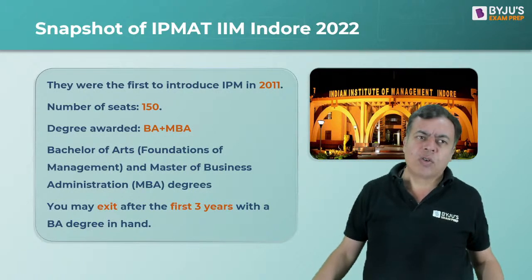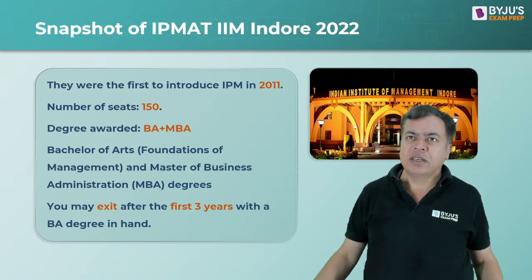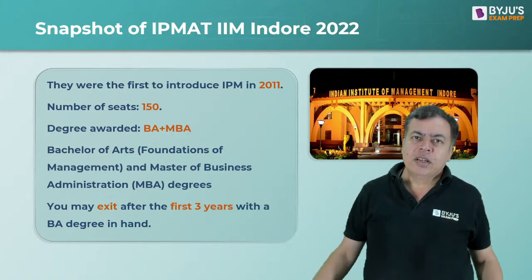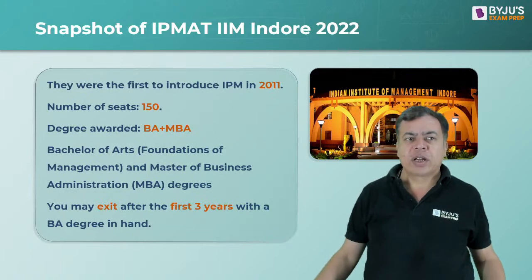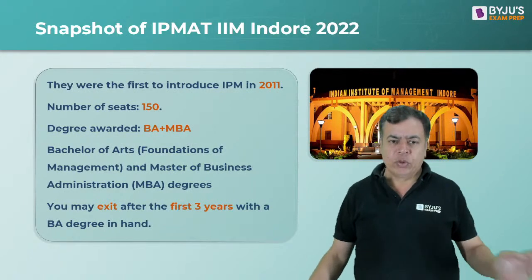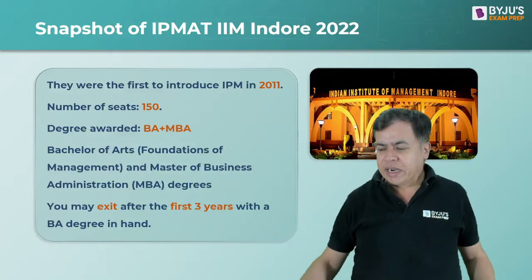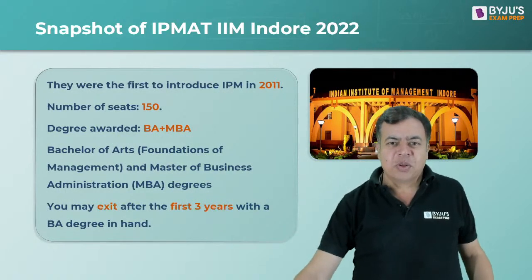Maybe you want to go out of India for further studies, that depends, but you can opt out after 3 years with a bachelor degree and go for a post graduation anywhere. But if you stay, you will be getting the MBA from IIM Indore also.